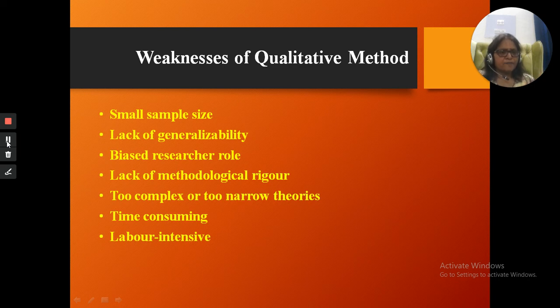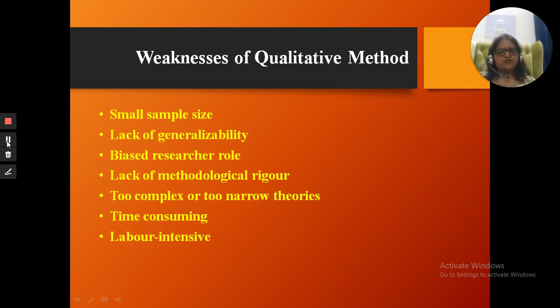We decide the variables, the design, the blueprint, the method of study. Here, we cannot decide precisely. We go as things keep unfolding, we keep moving forward, and sometimes we keep changing. So it lacks that rigor.